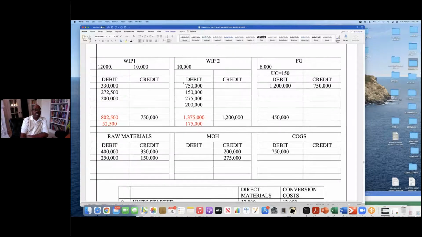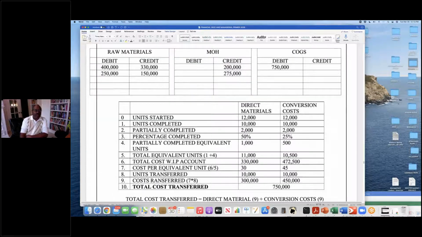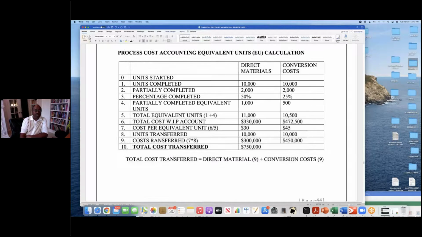How much is in the T account for raw materials? It's because we had the 750 left over plus the 250. So we're going to have to use both of those.